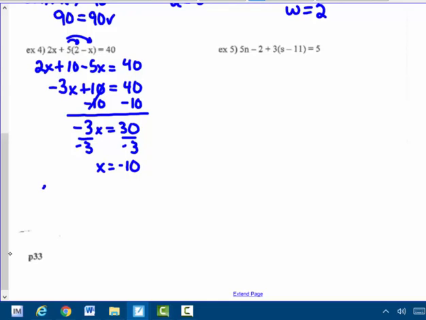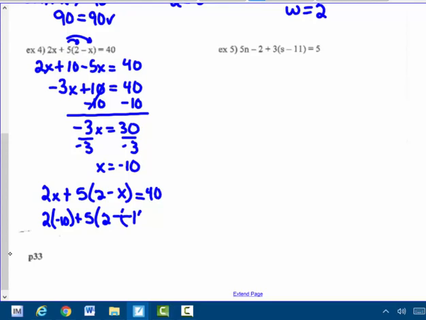So I'll do a full formal check here. 2x plus 5 times the quantity 2 minus x equals 40. 2 times negative 10 plus 5 times the quantity 2 minus negative 10, better put that in parentheses, equals 40.